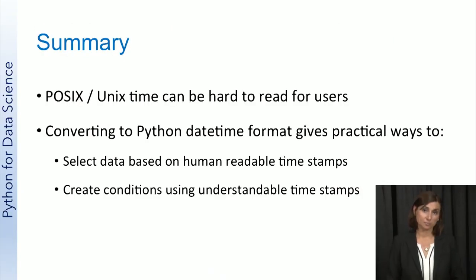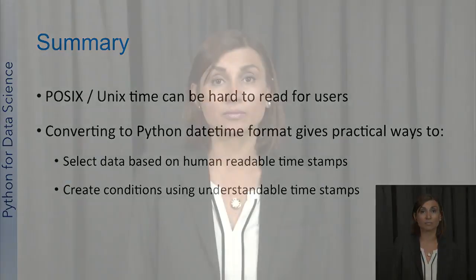In summary, POSIX or Unix time can be hard to read for users because it's a large integer, but converting it to Python datetime format gives us practical ways to select the data and make it human readable, and create conditions on it using understandable timestamps from a human readability point of view.